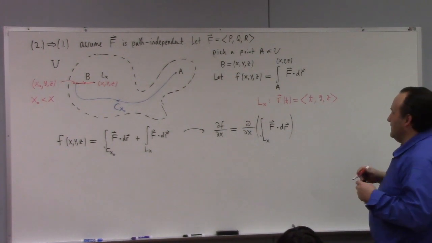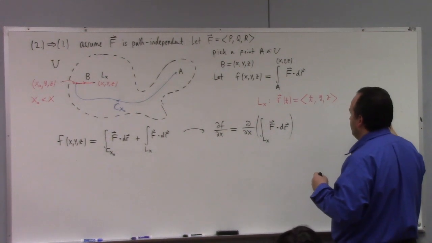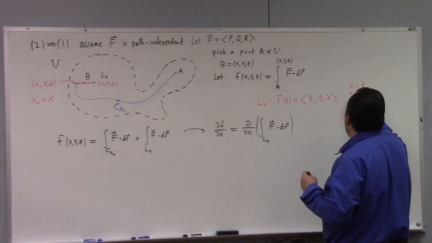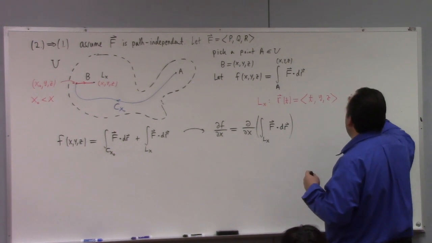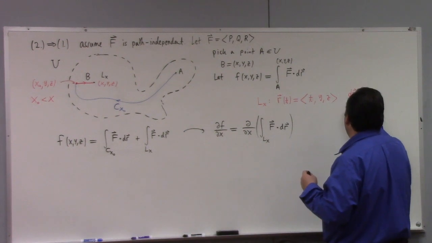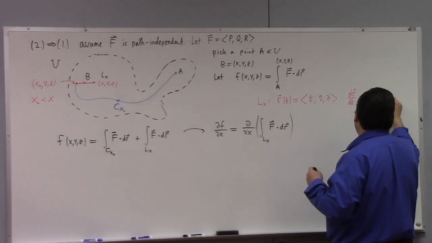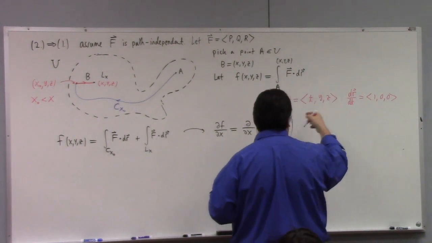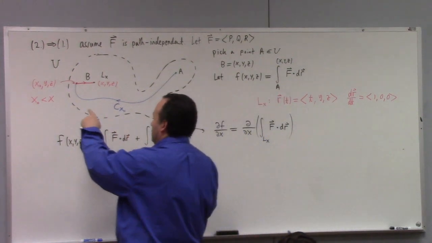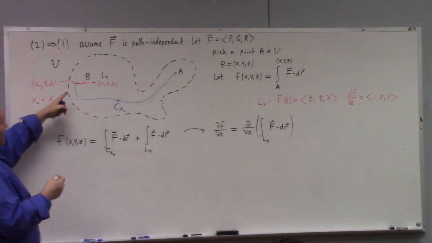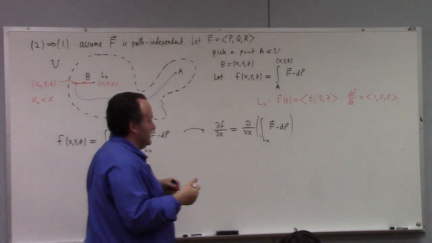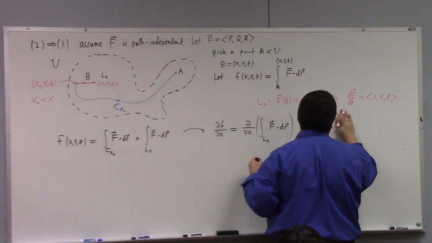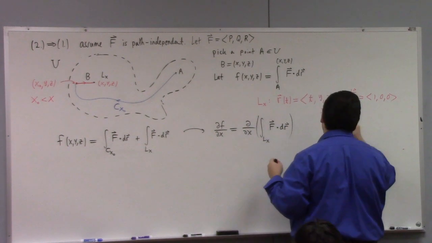So x equals t, and dr dt is 1, 0, 0, right? And what's the parameter range here? If we're using x as the parameter, it goes from x naught to x, where x is fixed. So x naught less than or equal to t less than or equal to x, right?